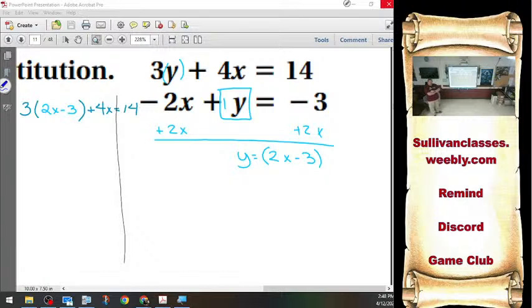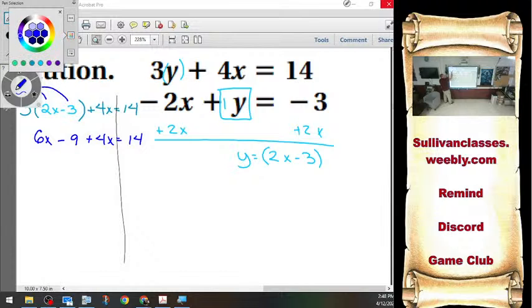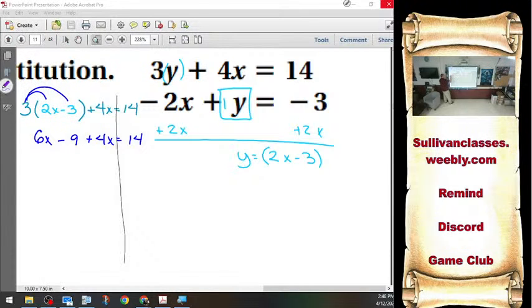What's the first step to solving this? Distribute. 3 times 2x is 6x. 3 times negative 3 is negative 9. Plus 4x is 14. Do I see any like terms on that side?